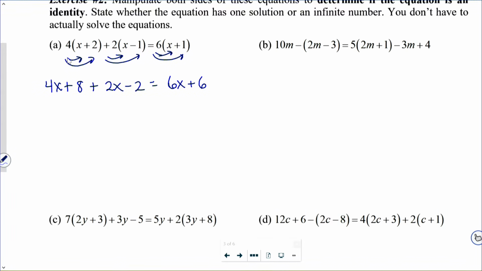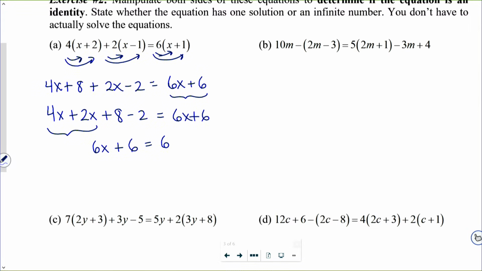Now there's really nothing that I can do to this right-hand side. But the left-hand side, I could now do a little rearranging, and I'll get 4x plus 2x plus 8 minus 2 is equal to 6x plus 6. 4x plus 2x is 6x. 8 minus 2 is 6. And look at that.